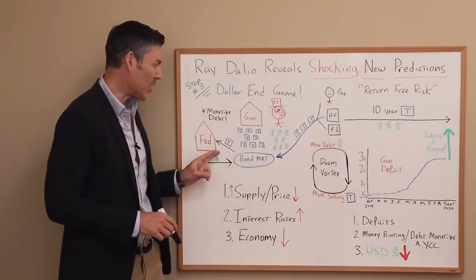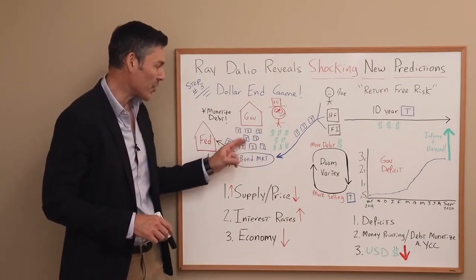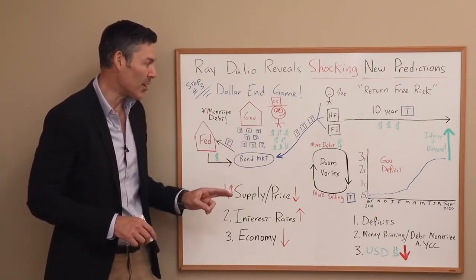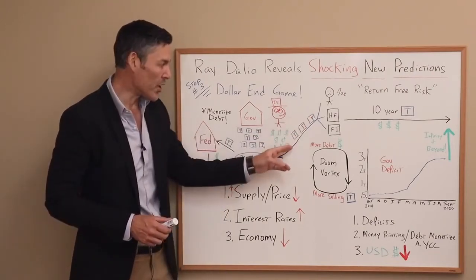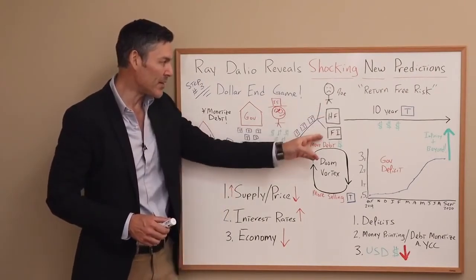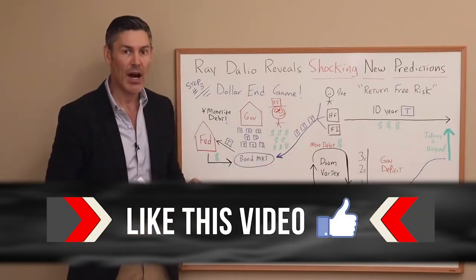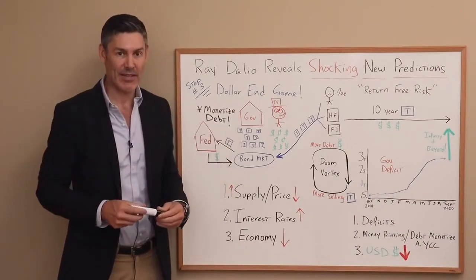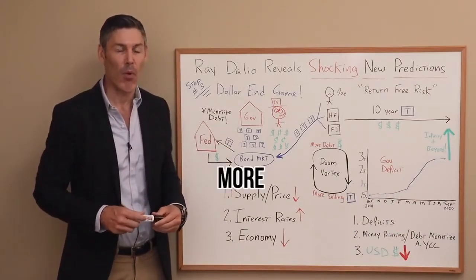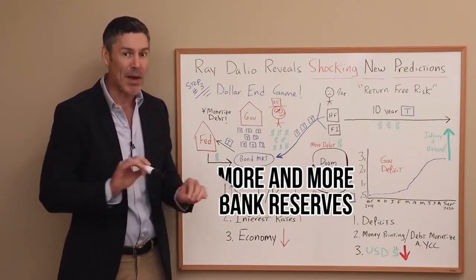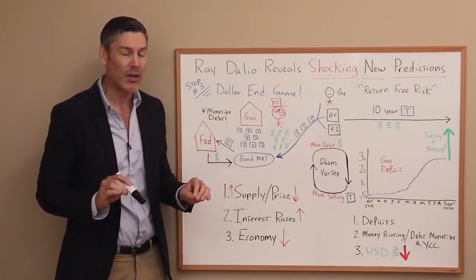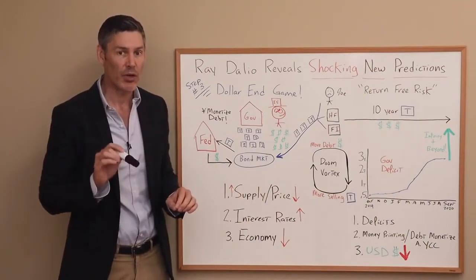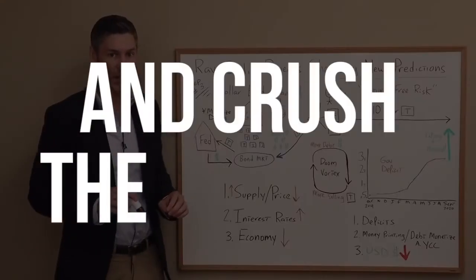So the Fed has to come in and buy all those additional treasuries that the government is creating by your drunk, insolvent Uncle Sam's deficit spending, along with the treasuries that are being sold by the entities that see them now as a hot potato. The Fed has to monetize the debt, meaning they just have to print up more and more bank reserves, as many bank reserves as possible, to buy those treasuries to make sure interest rates don't go up and crush the economy.